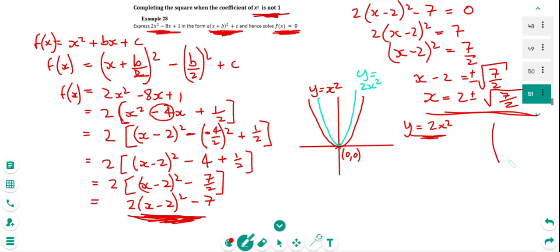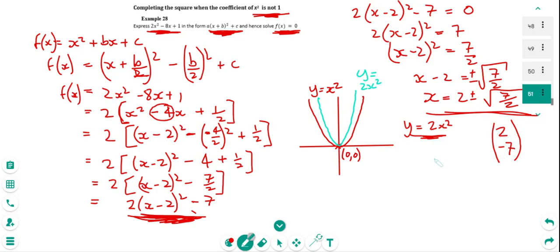So if it's minus 2, it's going to go to positive 2. And then whatever we've added on at the end, that's the translation in the vertical direction, in the y direction. So we're just going to translate the graph of y equals 2x squared by this vector, 2, minus 7.